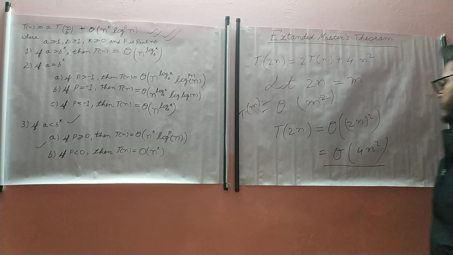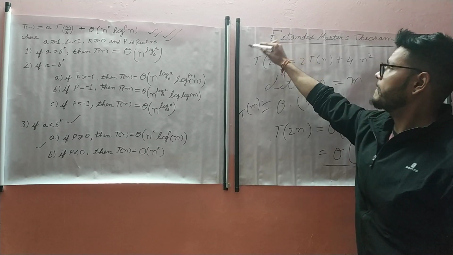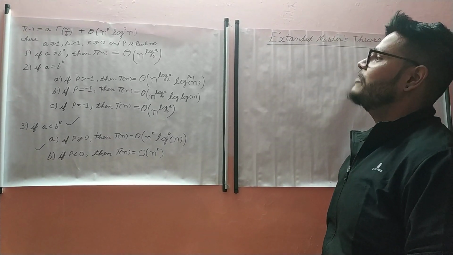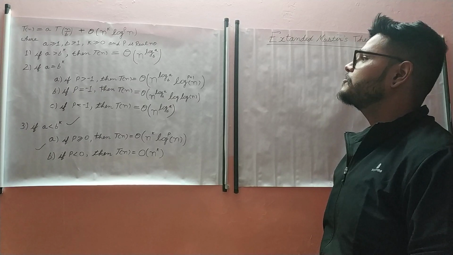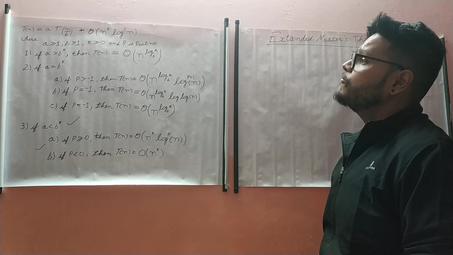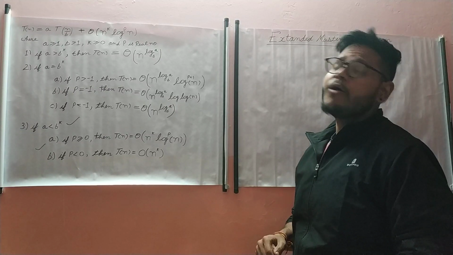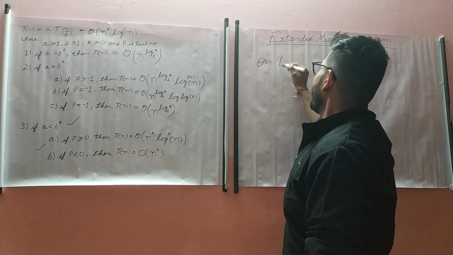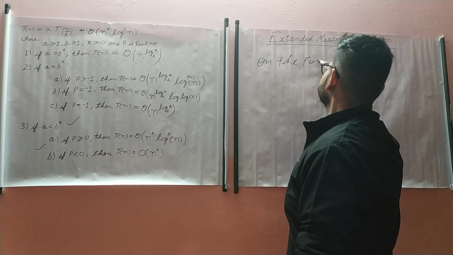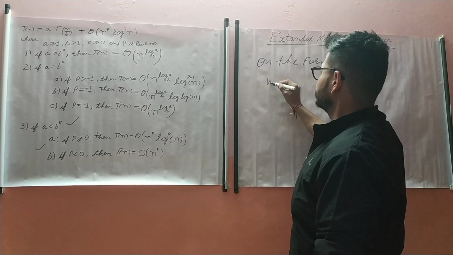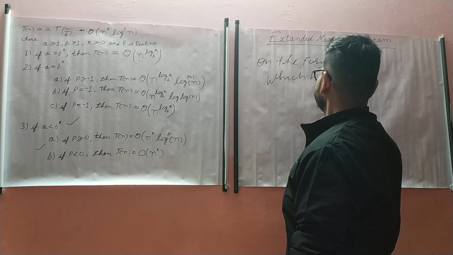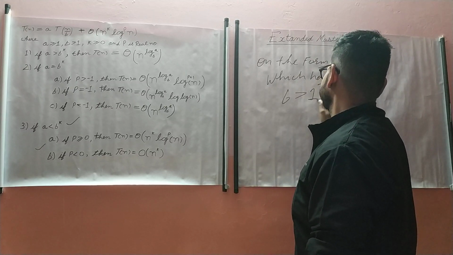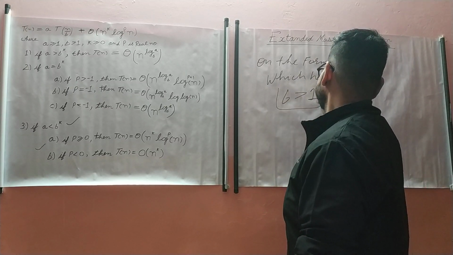We have seen many examples. Now I will tell you that we can apply Master's theorem only on the form which has b more than 1. What does it mean?